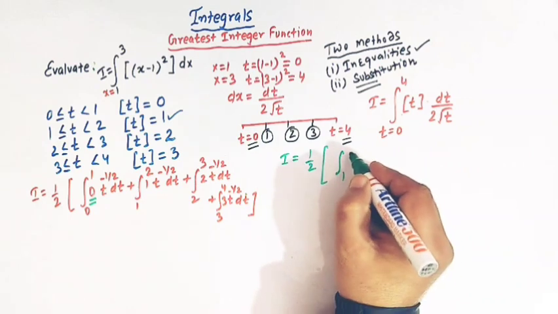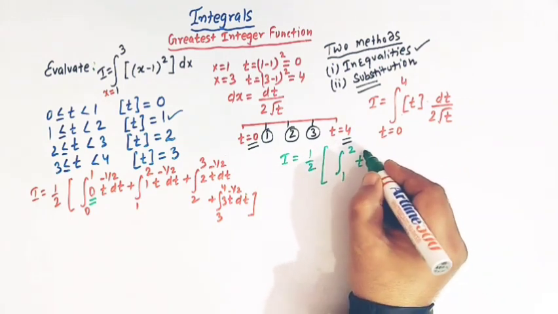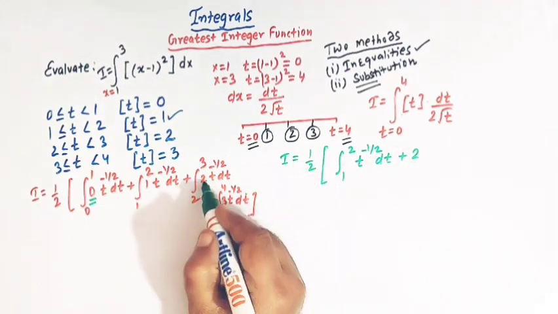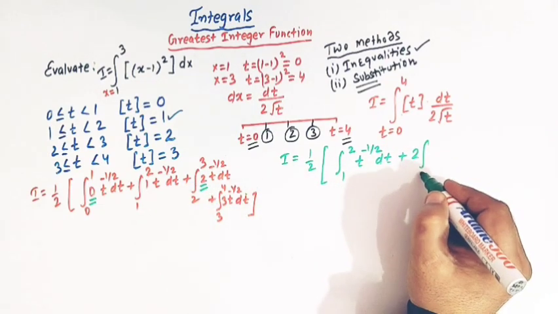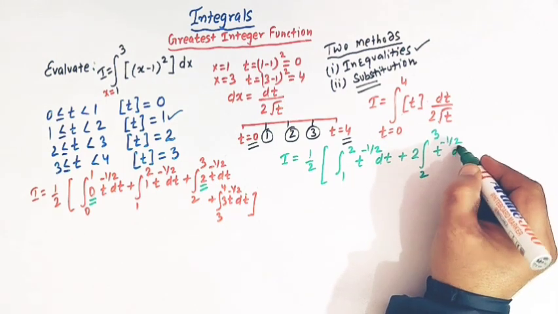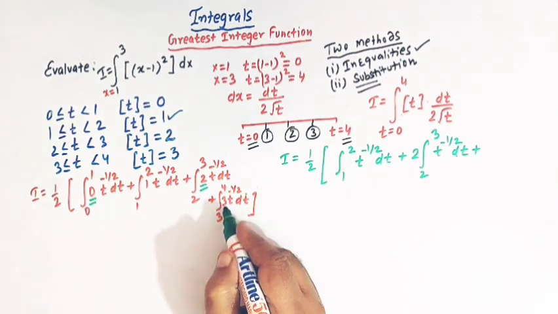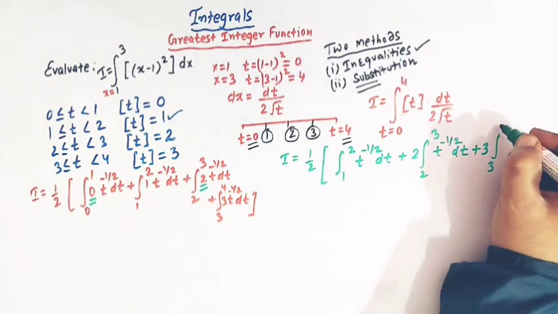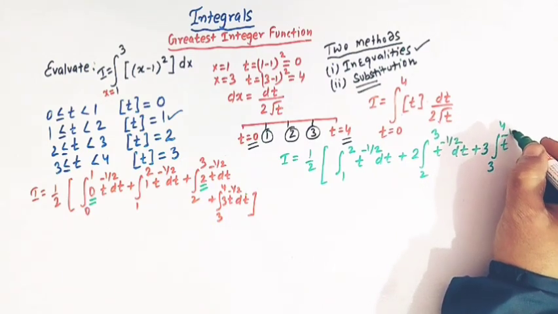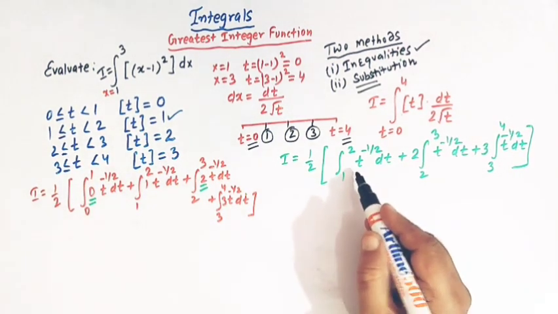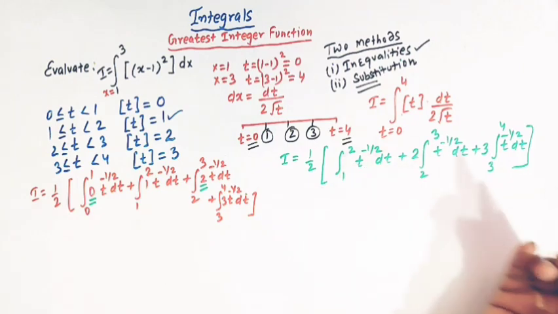Now we have integral 1 to 2 of t raised to minus half dt, and then we have 2 times integral 2 to 3 of t raised to minus half dt, and the fourth integral is 3 times integral 3 to 4 of t raised to minus half dt. So now we have a very simple integral.